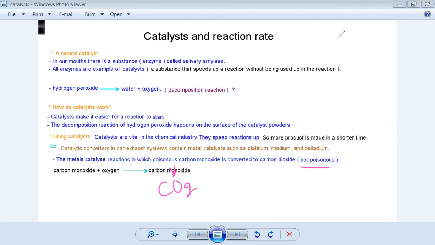Also we studied how we can convert harmful compounds into harmless compounds, such as the converters in car systems. They can add metal catalysts such as platinum, rhodium, and palladium to convert carbon monoxide, which is poisonous, deadly, into carbon dioxide, which is not poisonous. So this was all about the catalyst and the reaction rate. Do you have any question about this?